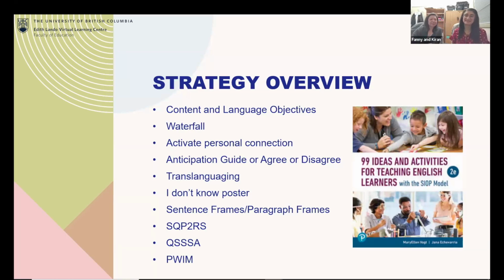Anticipation guide. I really love using this one because it creates a lot of laughter and buzz in the room, because students are very confused as to why you're asking them to make guesses or try to figure things out when they haven't actually learned it. Sometimes I might cut out pictures of the plot of a story, for example, and have students place them in the order that they think it's going to happen and explain why.